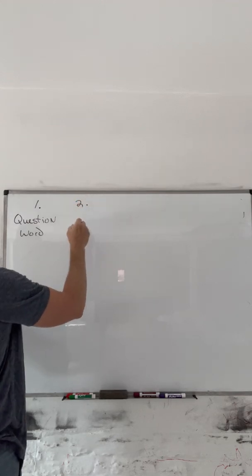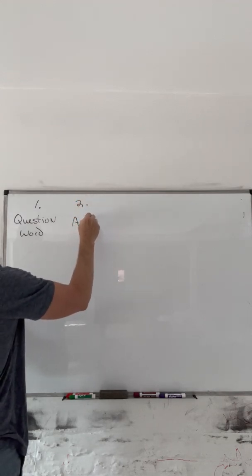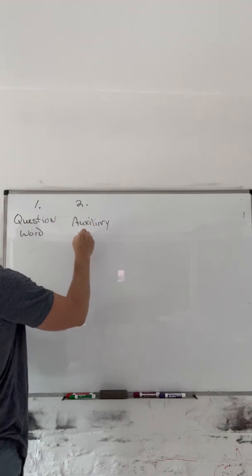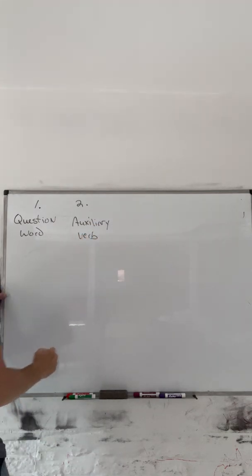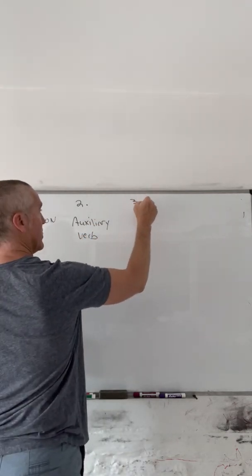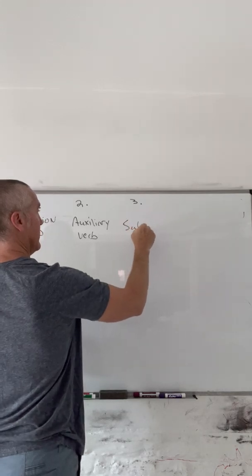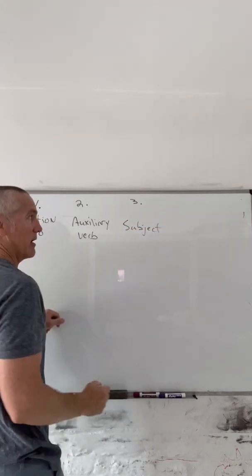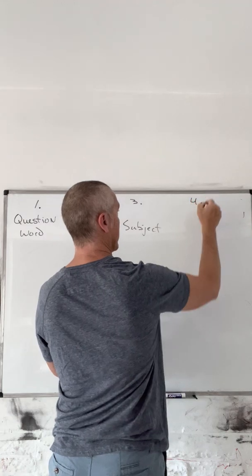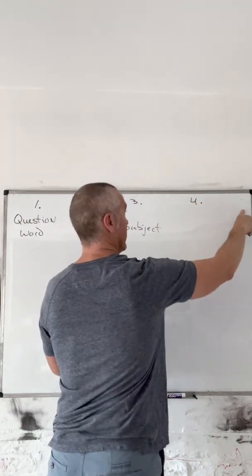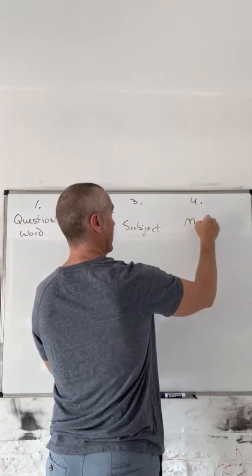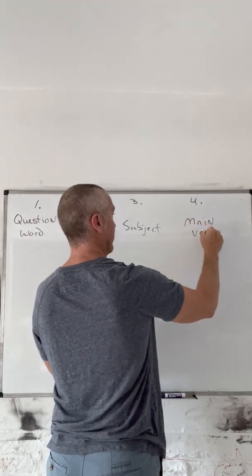The second is going to be the auxiliary verb. The third word in the order is going to be the subject, and then the fourth is going to be the main verb.